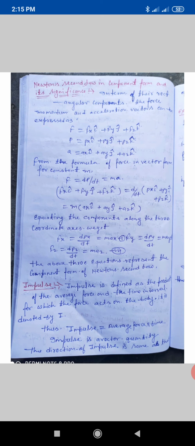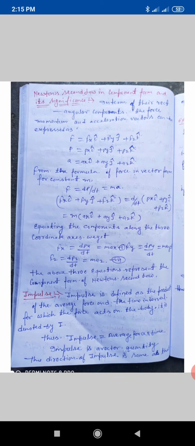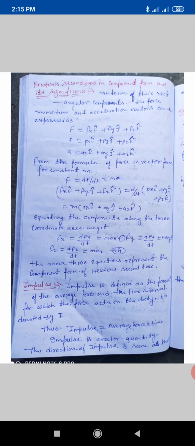From the formula of force in vector form, F equals dP upon dt equals ma. So F equals Fx i cap plus Fy j cap plus Fz k cap equals d upon dt of (Px i cap plus Py j cap plus Pz k cap) equals m times (Ax i cap plus Ay j cap plus Az k cap).